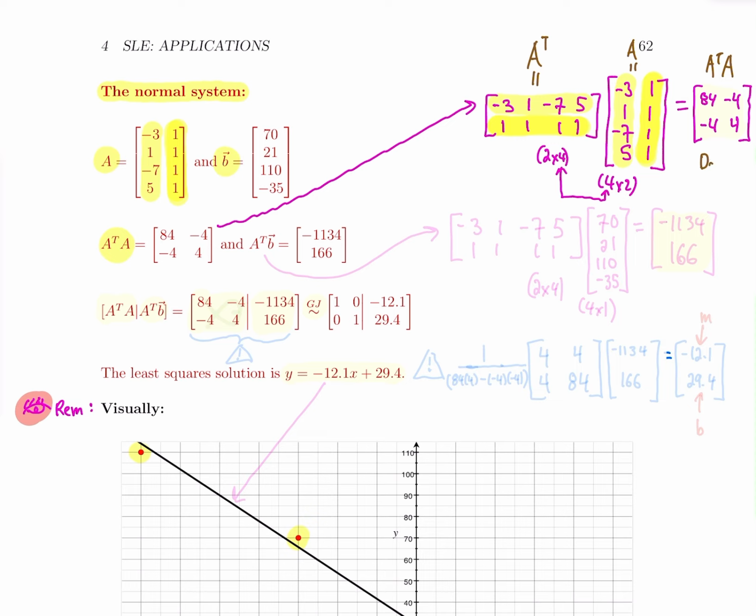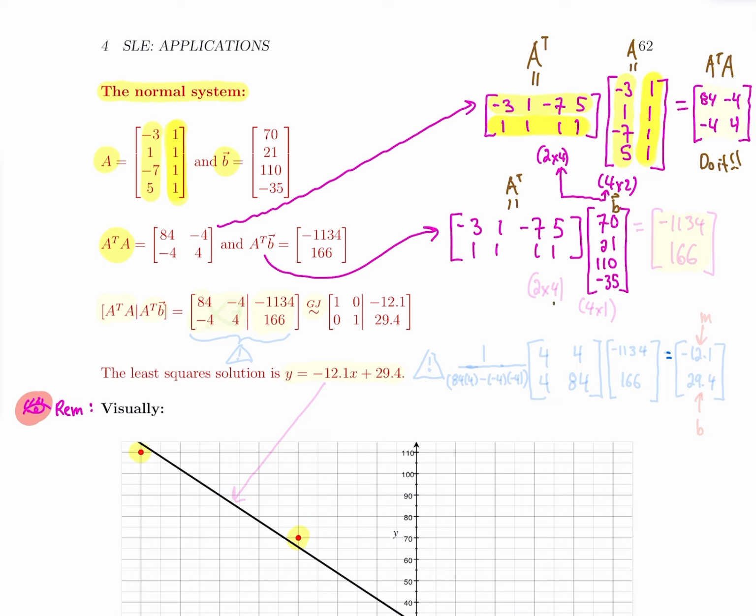And then for A transpose times B, just to be super explicit, just to show you everything that is going on here, I have my A transpose again, and now I'm just multiplying it with B. Where B is 70, 21, 110, and minus 35.